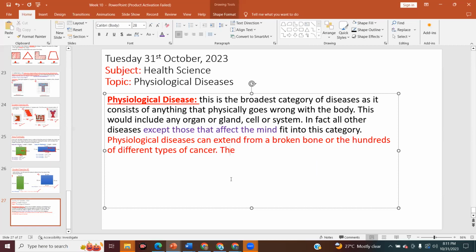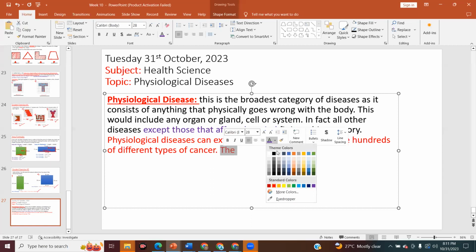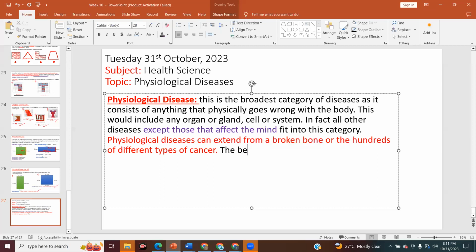Now, how can we prevent it? So how can we prevent physiological diseases? The best way to prevent physiological diseases is to live a healthy lifestyle.